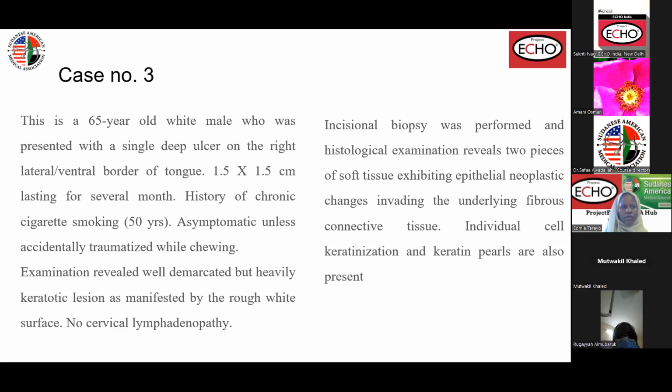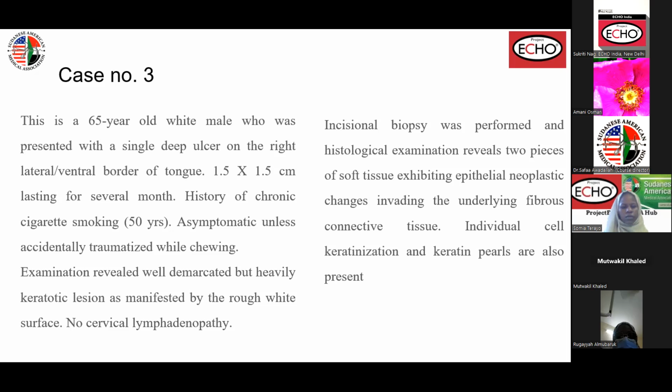Incisional biopsy was performed and histological examination reveals 2 pieces of soft tissues exhibiting epithelial neoplastic changes, invasion of the underlying fibrous connective tissue. Individual cell keratinization and keratin pearls are also present in the histological picture.